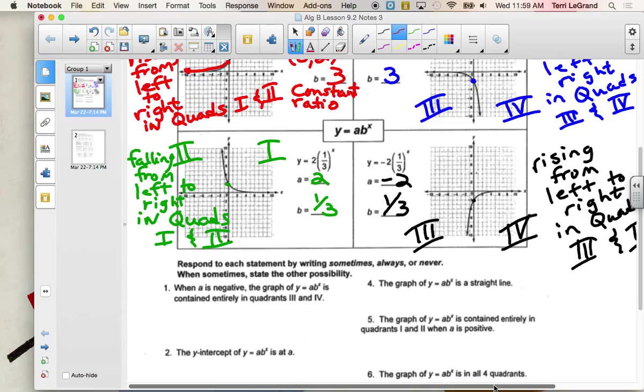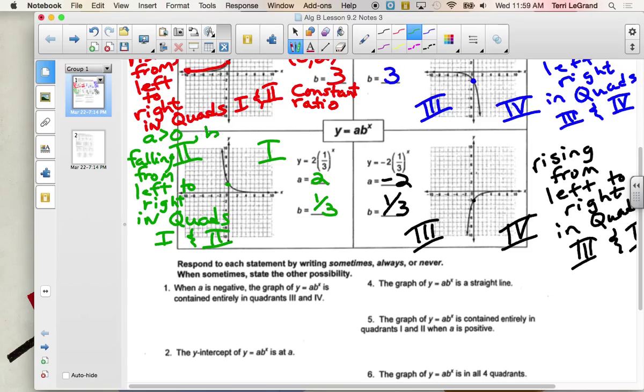I don't get it. Like the first one, both of them are positive. But not only were they positive, B was greater than 1. Oh, that's the difference. Here B is greater than 1, there B is between 0 and 1. So for this one, we're going to say that A is greater than 0, that's what we did.